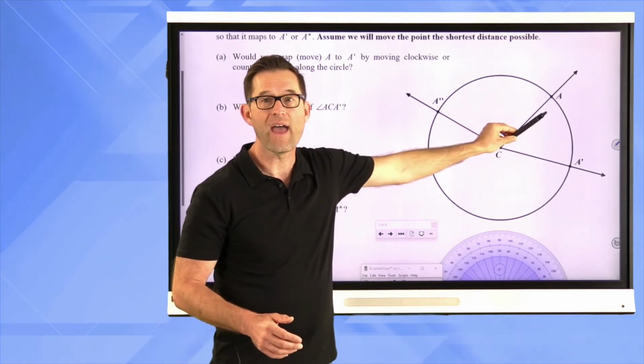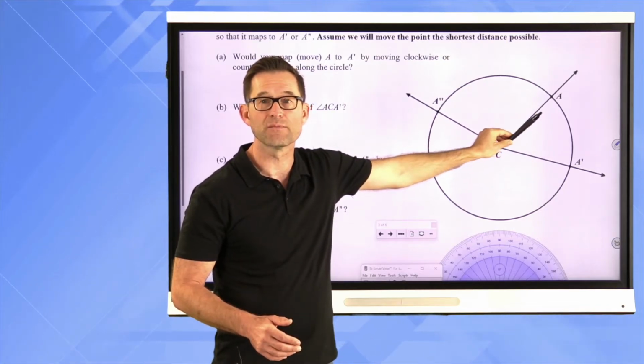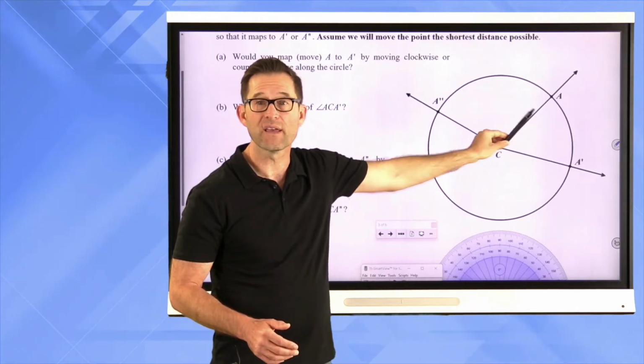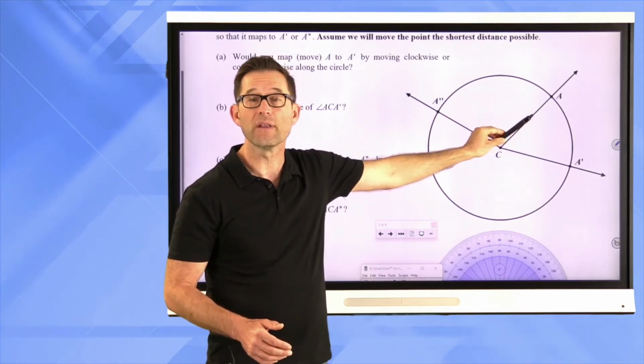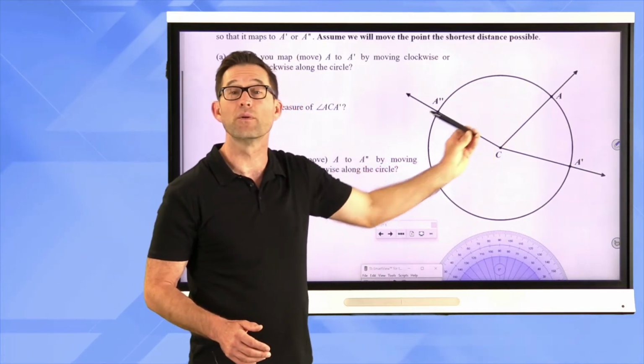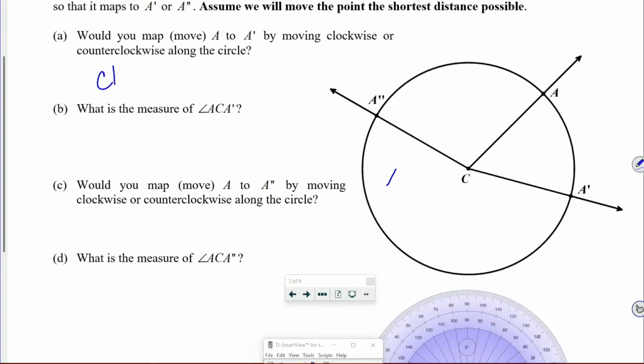So if I'm at A and I want to move that point to A prime in the shortest distance possible, then I'm going to move it clockwise. Counterclockwise is literally if you move in the opposite direction that a clock's hands would move in. So in this case, it would be clockwise. The more I say that word, the funnier it sounds.